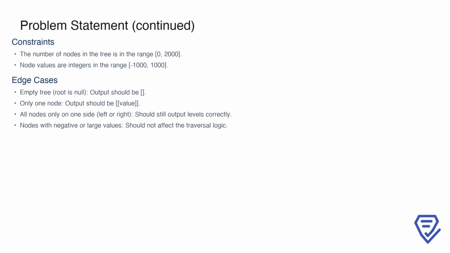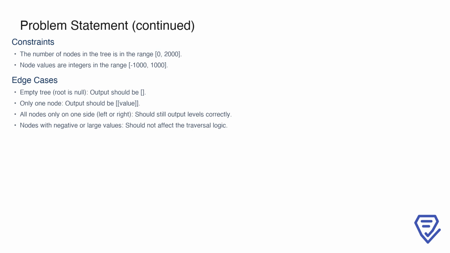Now, let's discuss the problem's constraints and important edge cases for LeetCode problem number 102. The number of nodes can be from 0 up to 2000, and each node value can be any integer between -1000 and 1000. You need to handle an empty tree, where the root is null, by returning an empty list. If there is only a single node, the output should be a list containing a sublist with just that value.